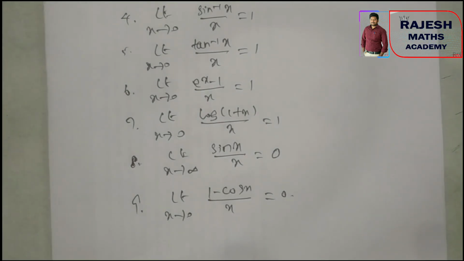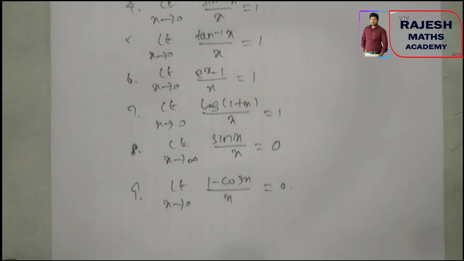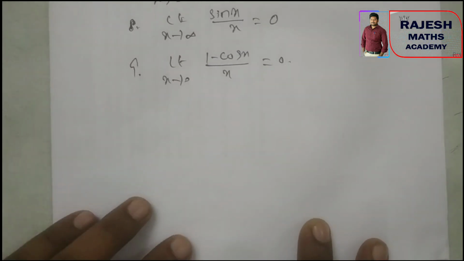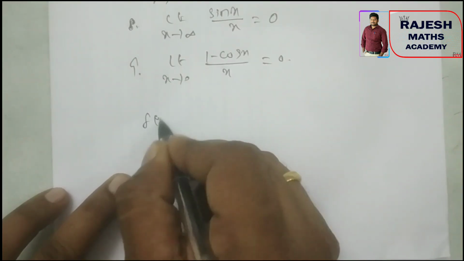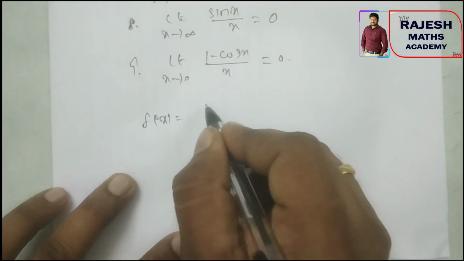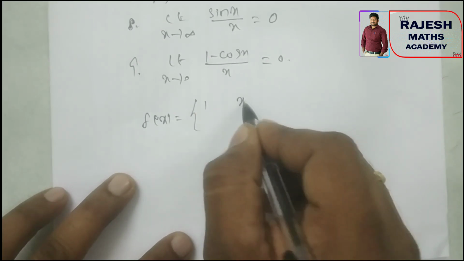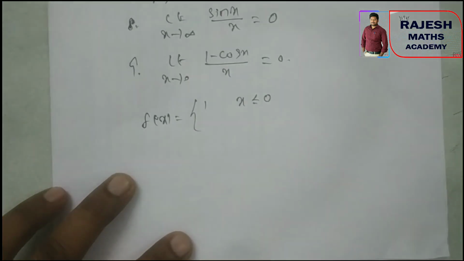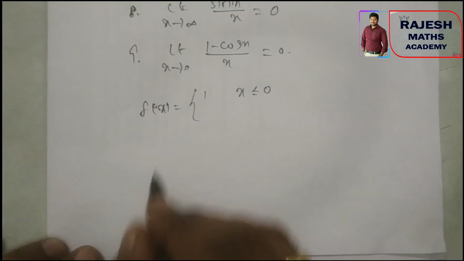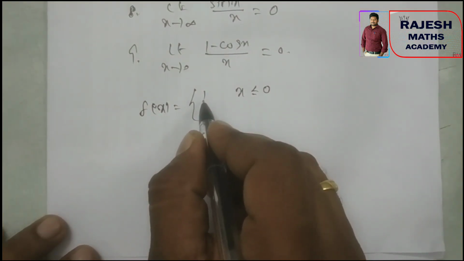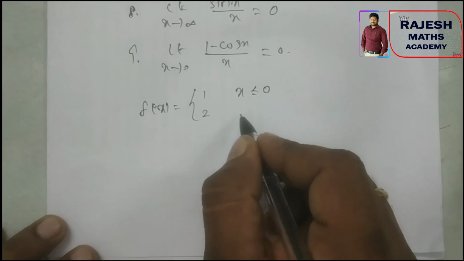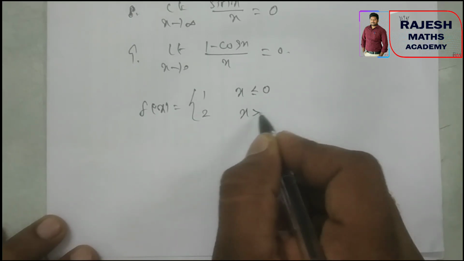So now we will move to the definition of continuity. For example, let us see the graph. f of x equal to 1 for x less than or equal to 0, and f of x equal to 2 for x greater than 0.